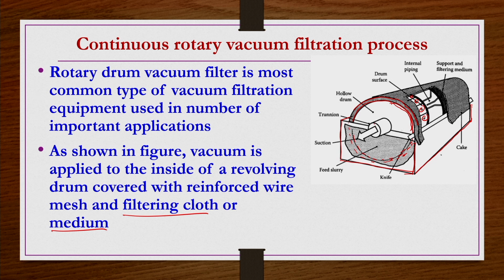Now this drum, as we already mentioned, is a kind of hollow structure, and the outer surface of the drum is covered with a filter cloth, right. This arrangement is kept in a feed slurry tank, and vacuum is applied through the inner hollow structure of the drum.